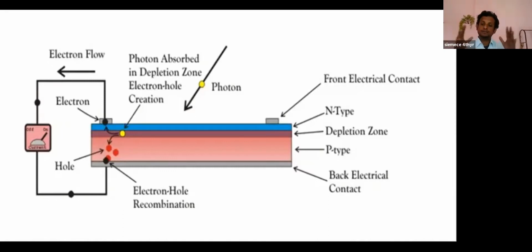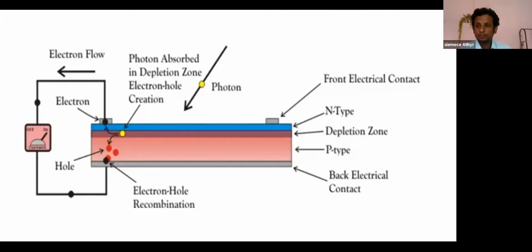Not a large number of charges in terms of the energy we require, but if we consider the structure, it's a large amount of charge. So the voltage is set up, and the voltage generated due to this effect is the photovoltage.